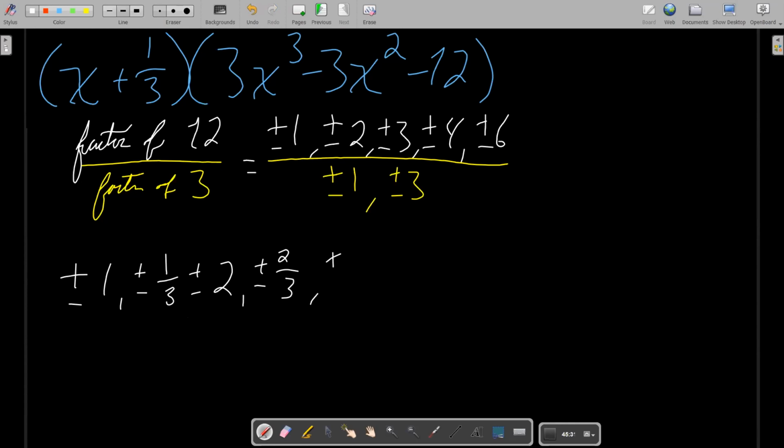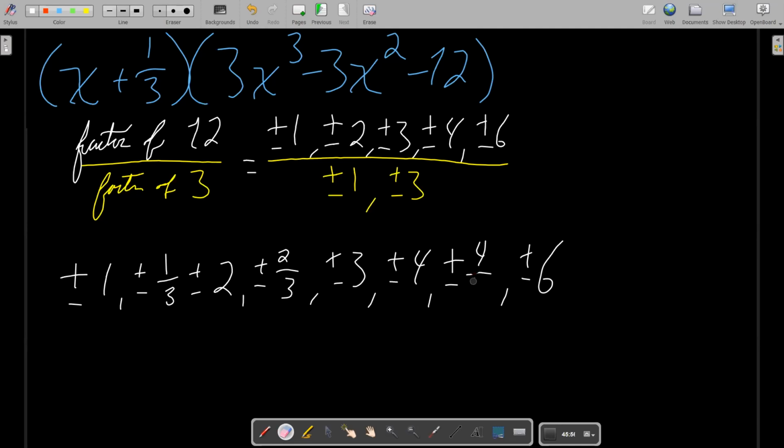And minus 3. And I don't have to do 3 over 3 because that's just 1, so that's good. Plus or minus 4, plus or minus 4/3, plus or minus 6. And then I don't have to do 6/3 because 6/3 is 2, and we've already covered that. Okay.